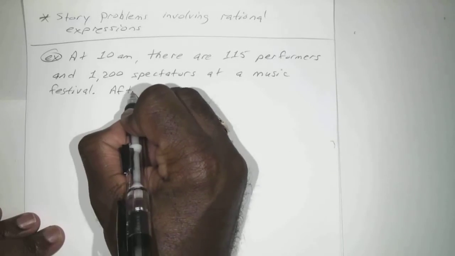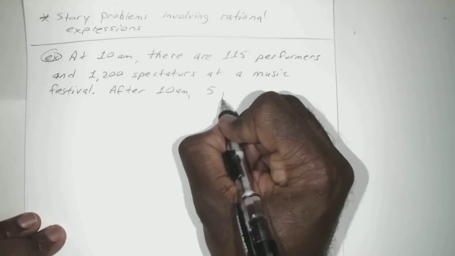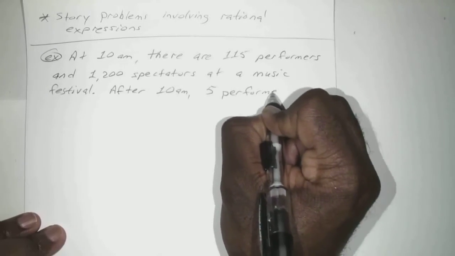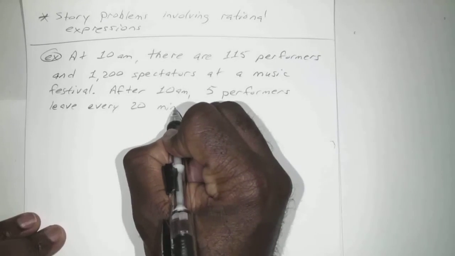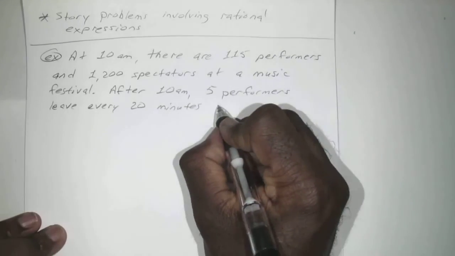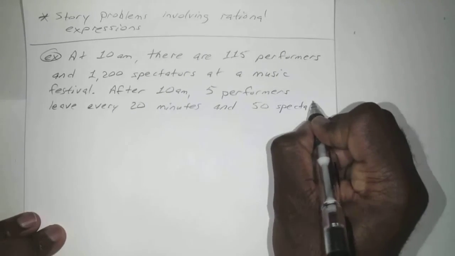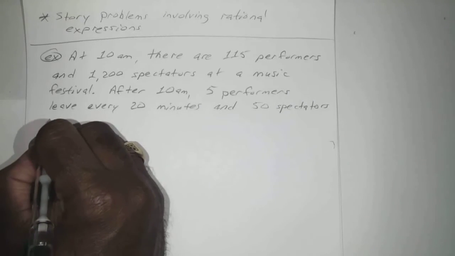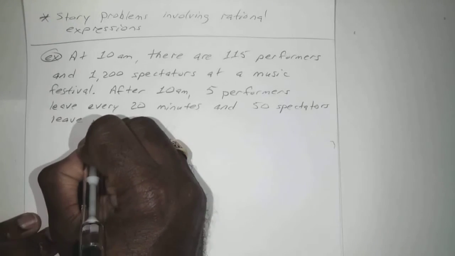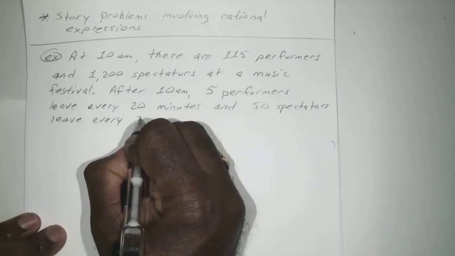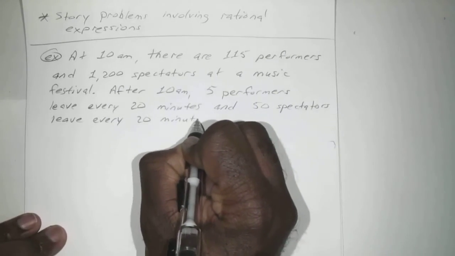Now, let's say after 10 a.m., 5 performers leave every 20 minutes and 50 spectators leave every 20 minutes. Okay.